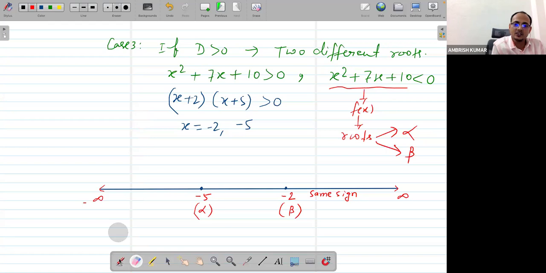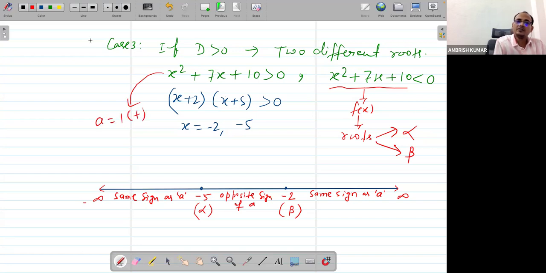So when we say same sign as of A, it depends on whether A is positive or negative. Again, between negative infinite and -5, same sign as of A. But between alpha and beta, we take opposite sign of A. So here A is 1, that is positive.